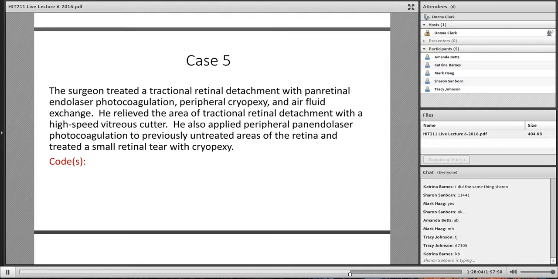Okay, so Tracy says she wants to go. So we got two different codes, 67105 and 67113. You are close, but that's not correct. Let's take another look. Tracy may be a little closer than Sharon.